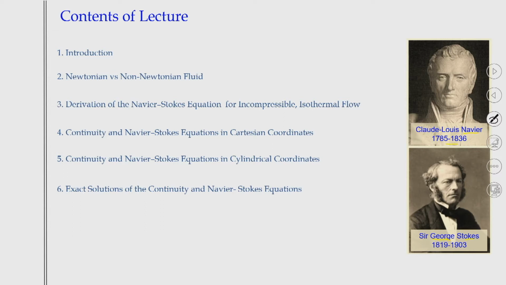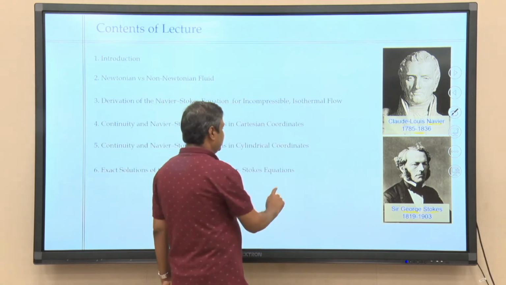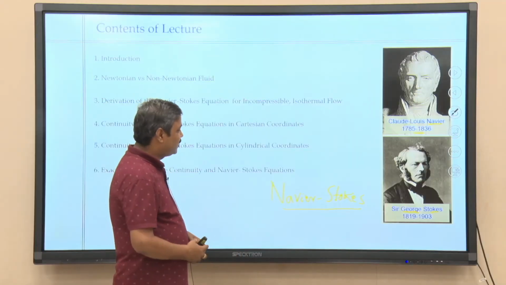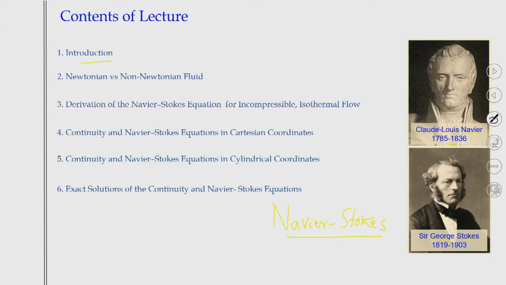So we got the Navier-Stokes equations because of these two professors, from France and England, one a physicist, another a mathematician, who derived the combination of equations which we call the Navier-Stokes equations. They derived them independently and cross-verified them, and those are the equations we are going to discuss today. So I will start from an introduction.